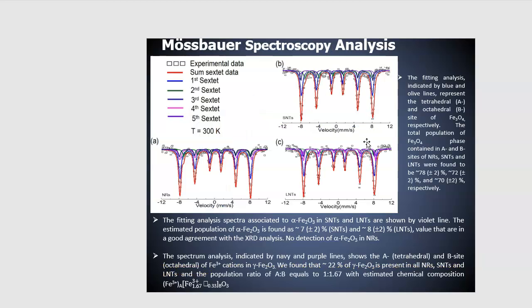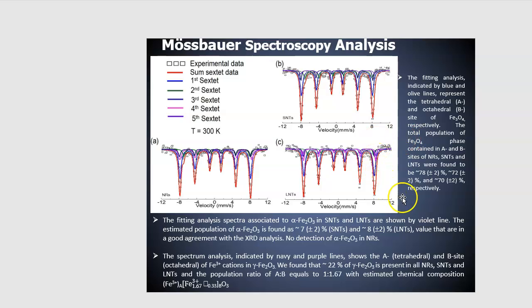To go further, we did Mossbauer spectroscopy because the phase composition is very important. Mossbauer spectroscopy was done at room temperature for these nanorings, short nanotubes and long nanotubes.